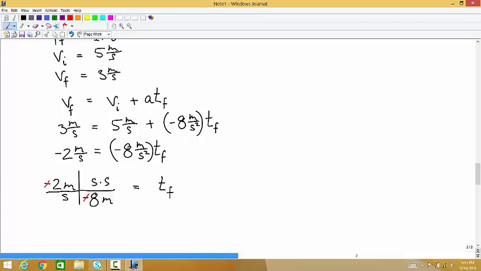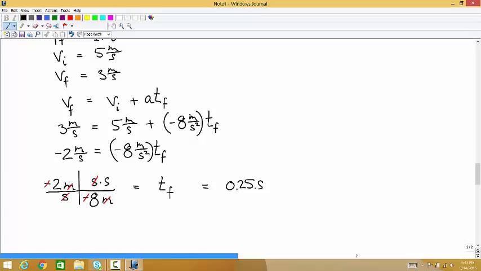The negatives cancel, the seconds cancel, the meters cancel too, and you get the time final is equal to 0.25 seconds.